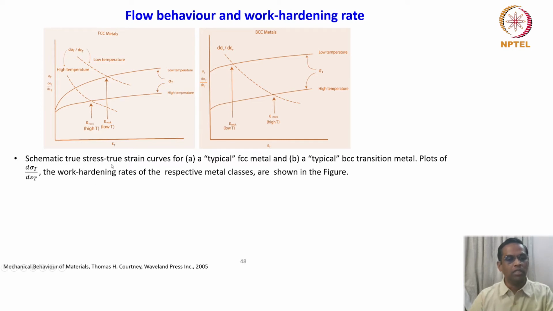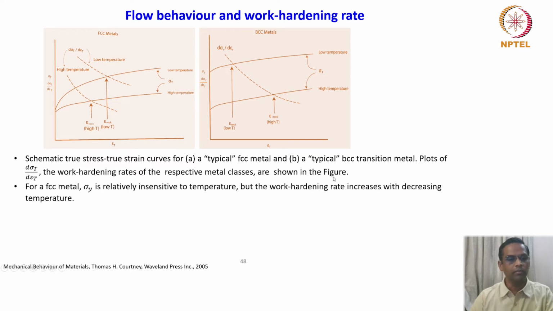Schematic of true stress, true strain curves for a typical FCC metal and a typical BCC transition metal. Plots of d sigma t by d epsilon t, the work hardening rates of the respective metal classes, are shown in the figure. For an FCC metal, sigma y, that is yield stress, is relatively insensitive to temperature. So it is almost similar behavior from here.